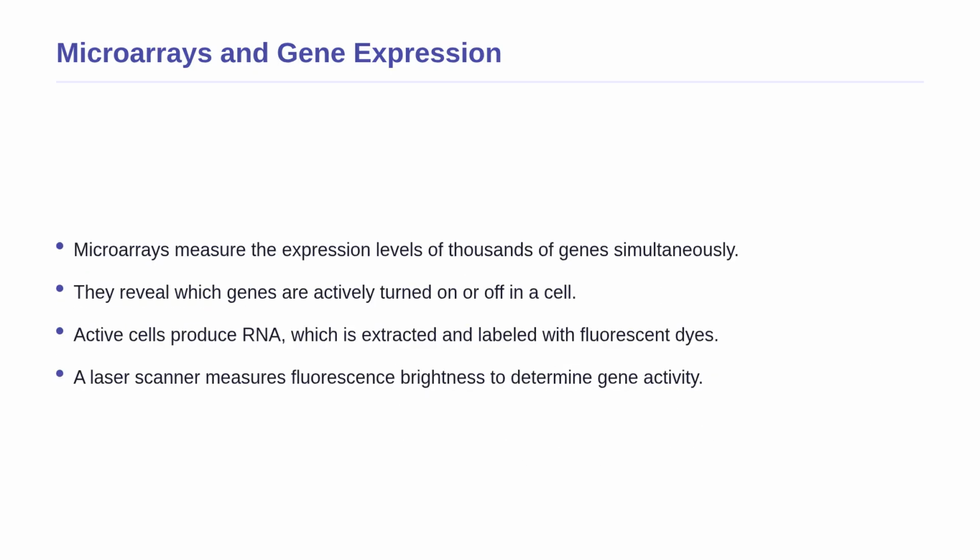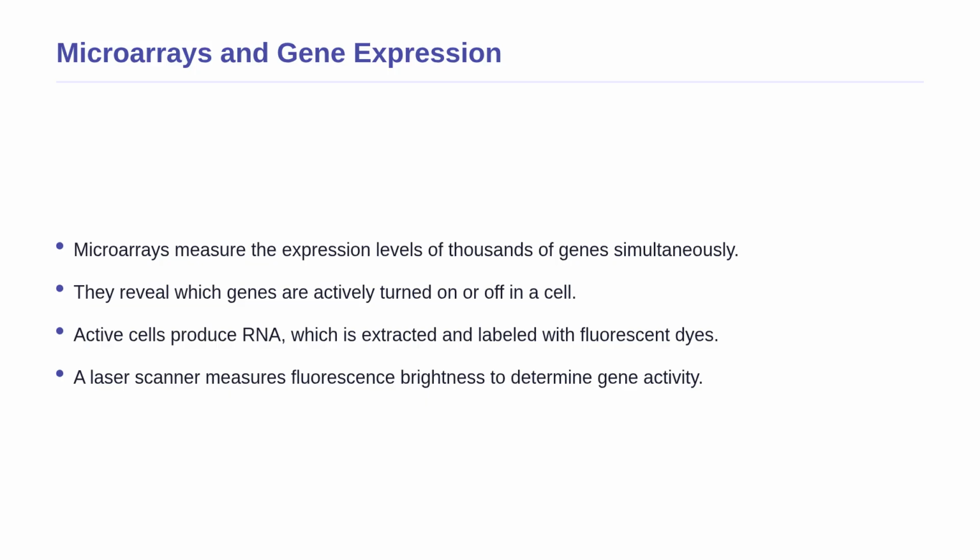While sequencing gives us the static blueprint, it does not tell us what the cell is actively doing. This brings us to microarrays and gene expression data. Why do we need to know which genes are turned on or off? Because every cell in your body has the exact same DNA, yet a heart cell behaves very differently from a brain cell.